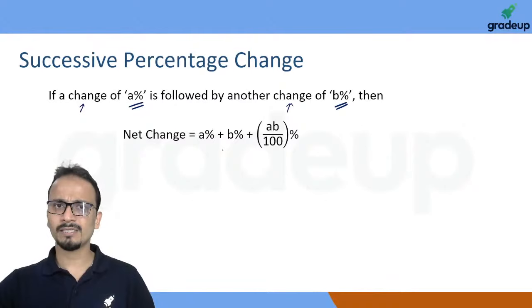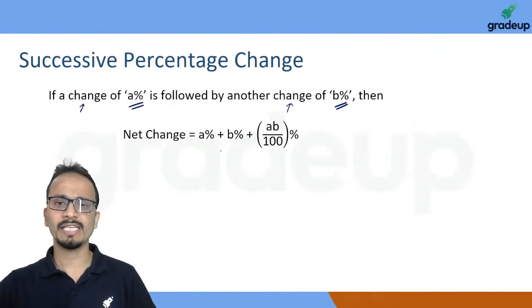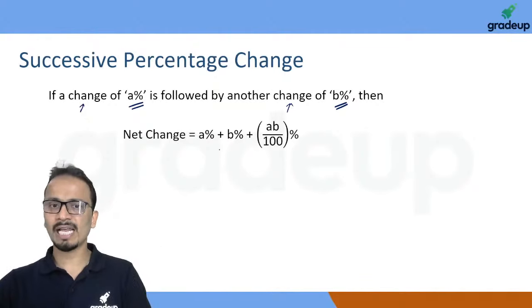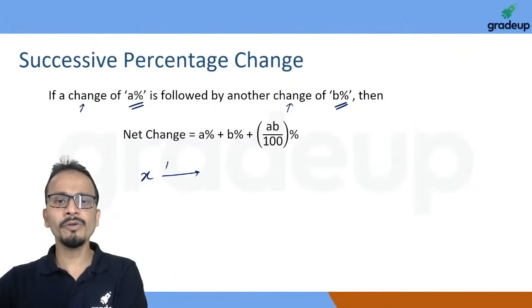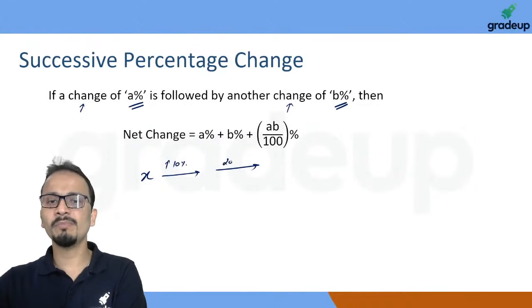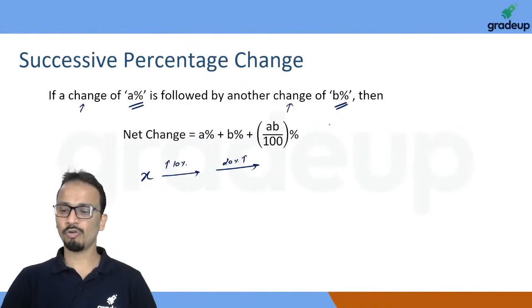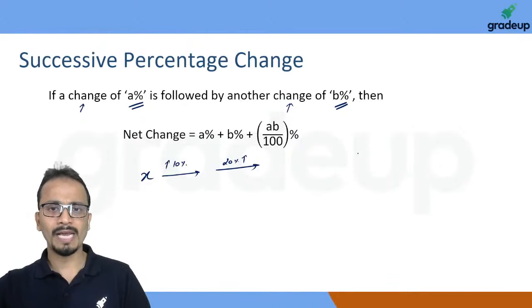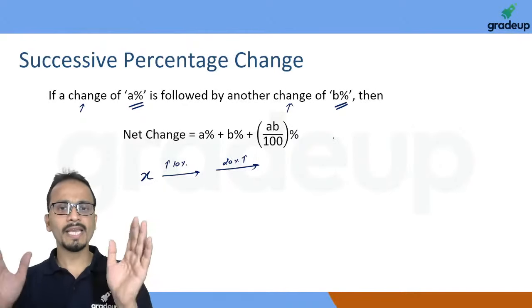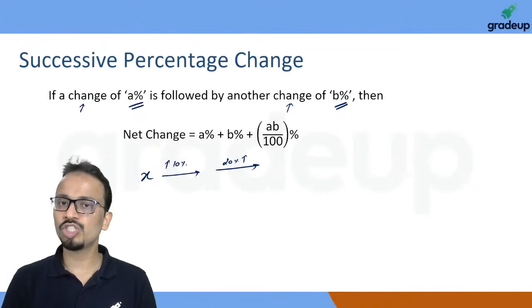Let's look at the practical application in one of the examples. I'll take the previous calculations only. If it is given that X is increased by 10% and then increased by 20%, we have to find the final change. One fact you need to take care about while applying this formula: the formula is A plus B plus AB upon 100, where A and B are the two changes.